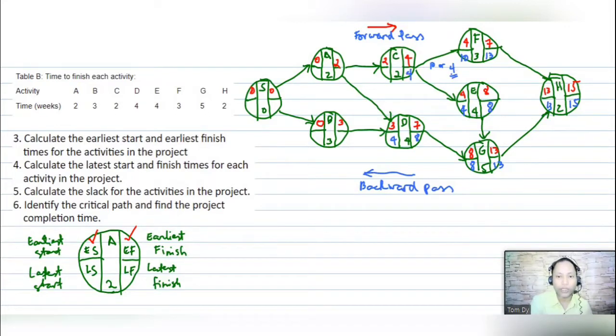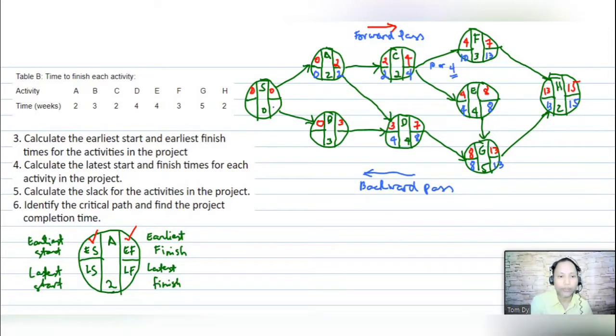Then 4 minus 2 is 2. For A, you have 2 and 4, so of course we choose 2. Then 2 minus 2 is 0.